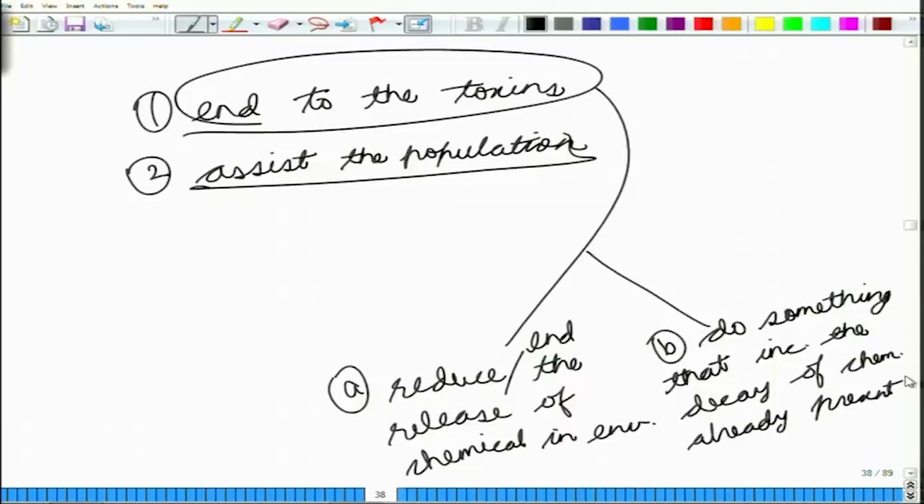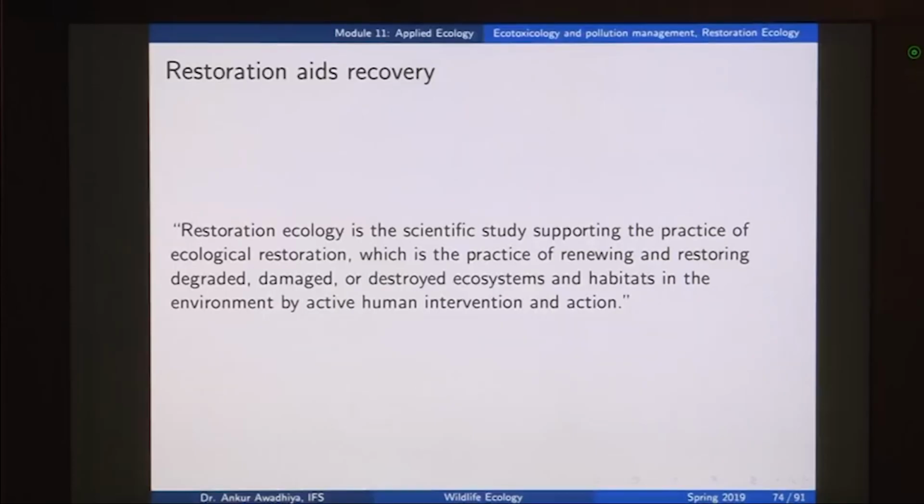Now, when we are doing such measures, we are trying to restore the ecosystem back to the normal state. Essentially a number of species are resilient, but if we want to recover a number of these populations and communities, restoration work is going to aid the recovery.